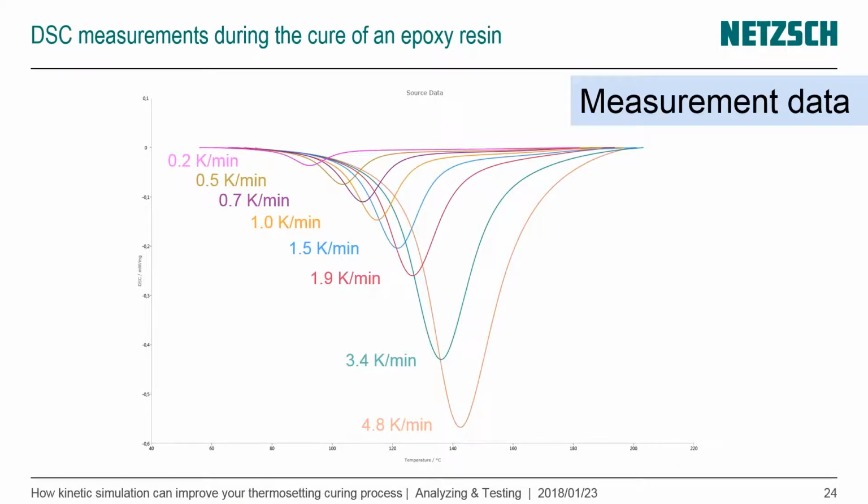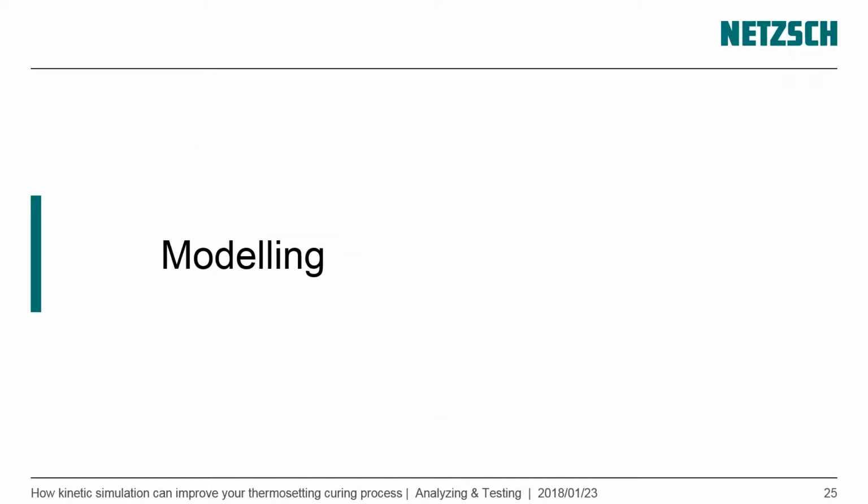These are the measurement data of the customer's material. So we used 8 different heating rates, and we measured the curing behavior of the customer's material during dynamic heating ramps with these heating rates you can find here, from 0.2 Kelvin per minute to around 5 Kelvin per minute.